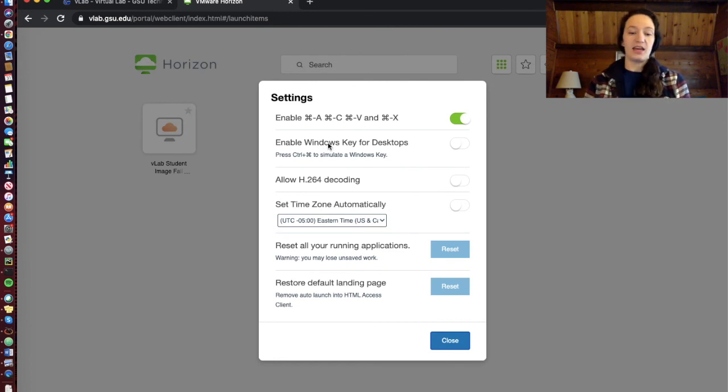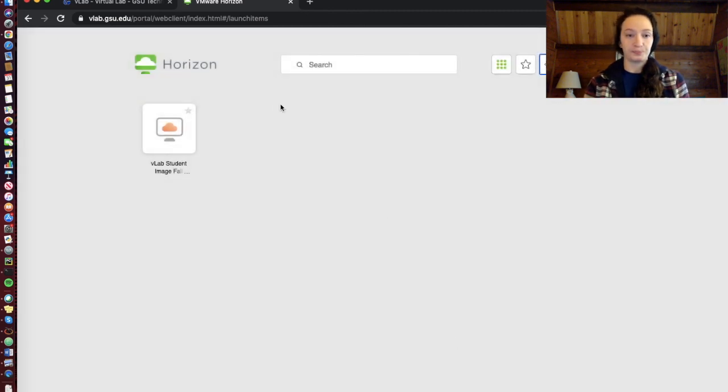I have a 2018 MacBook Air, so mine's a little older, and I do not have that option. But if you do have a high-resolution option on this page, you need to enable it. Otherwise, the simulation won't work. So make sure you check to see if you have the high-res option. If you do, allow it or enable it. Save whatever changes you make and then close out of it.